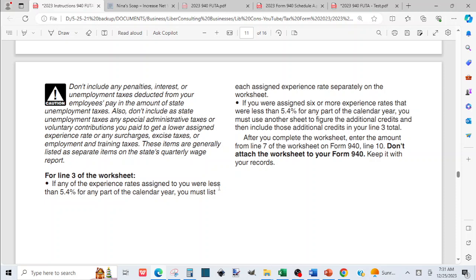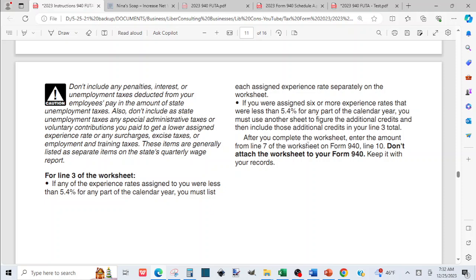So if any of the experience rates your state assigned you were less than 5.4% for any part of the calendar year, you might list each assigned experience rate separately on the worksheet. If you are assigned 6 or more experience rates that were less than 5.4% for any part of the calendar year, you must use another sheet to figure out the additional credit and then include that additional credit on your line 3 total.